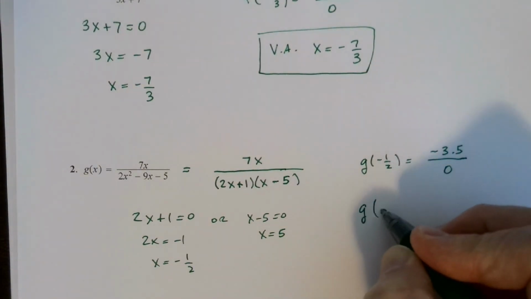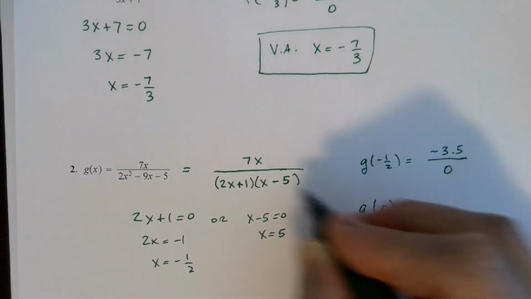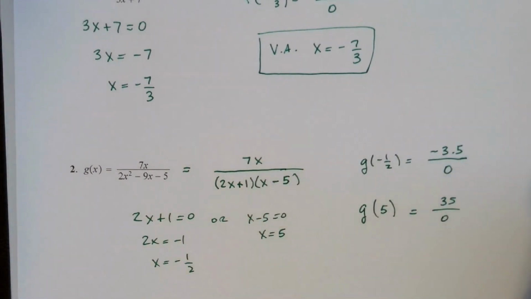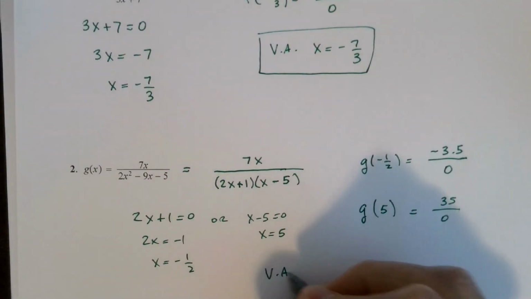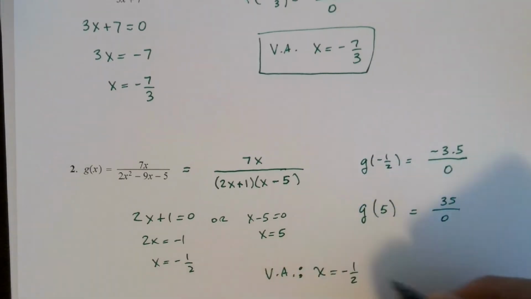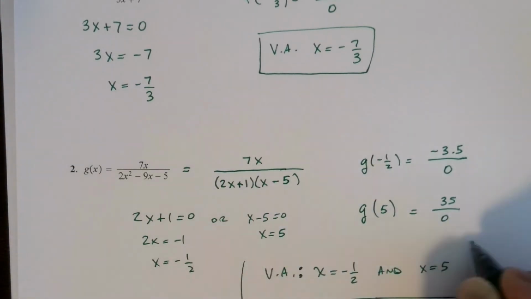What about if I plug in 5 here? 7 times 5 is 35. Of course, I'll get 0 in the denominator again, right? So again, this form tells me I have vertical asymptotes. So the vertical asymptotes are x equals -1/2 and x equals 5. Those are my two vertical asymptotes.